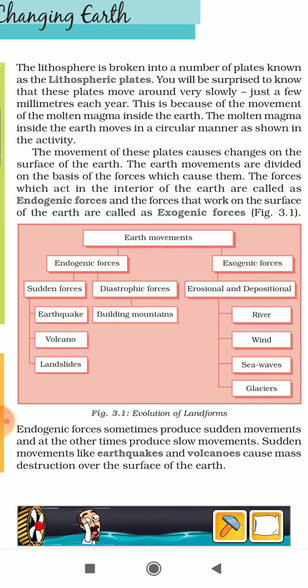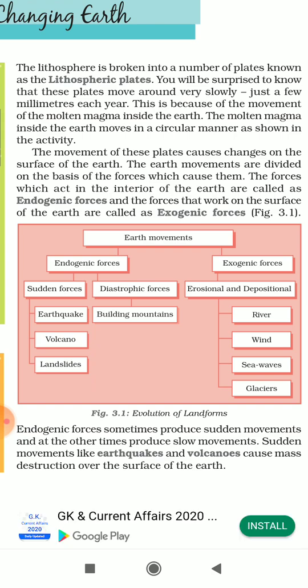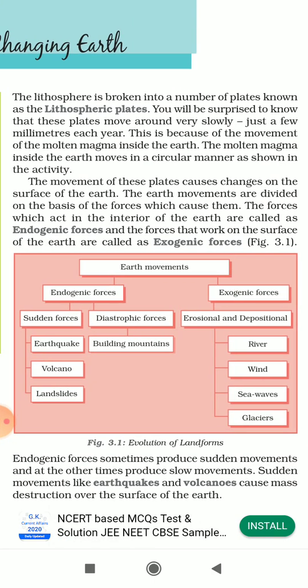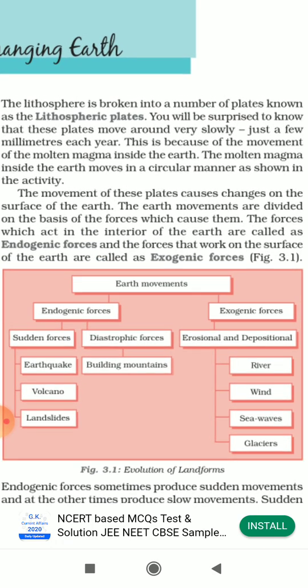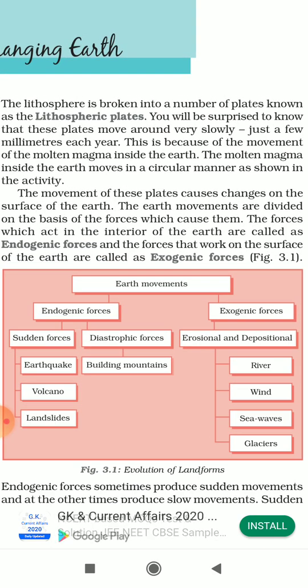The lithosphere is the solid crust or the hard top layer of the earth. It is separated into various rigid, irregular shaped plates known as lithospheric plates, which move around very slowly because of the movement of the molten magma inside the earth.